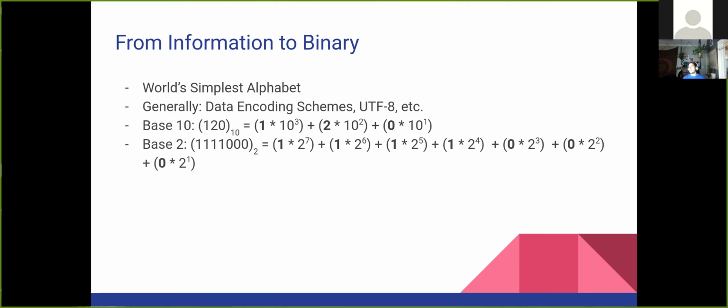So again, we do 1 times 2 to the 6th plus 1 times 2 to the 5th plus 1 times 2 to the 4th, et cetera, right? And we get the same number overall, but we have used a different base to represent it. This is the foundation of binary representation, and it gives us some insight into the way that we construct integers with binary, right?